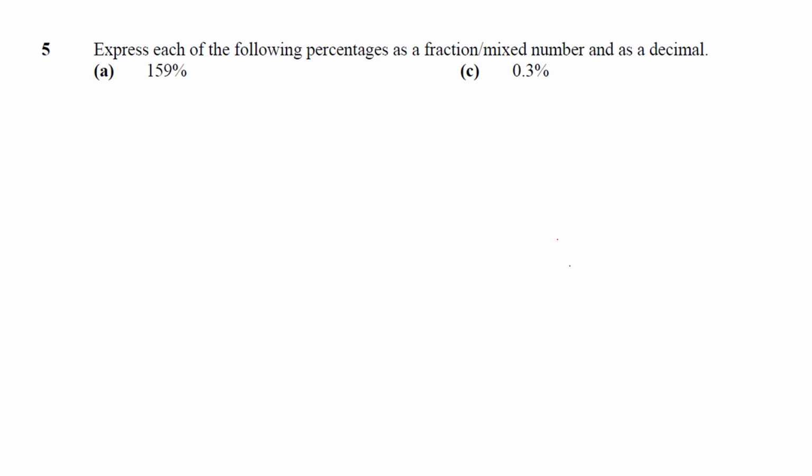Right, let's look at the first question. We are asked to express each of the following percentages as a fraction or a mixed number, and then as a decimal. So 159% is equal to 159 over 100.